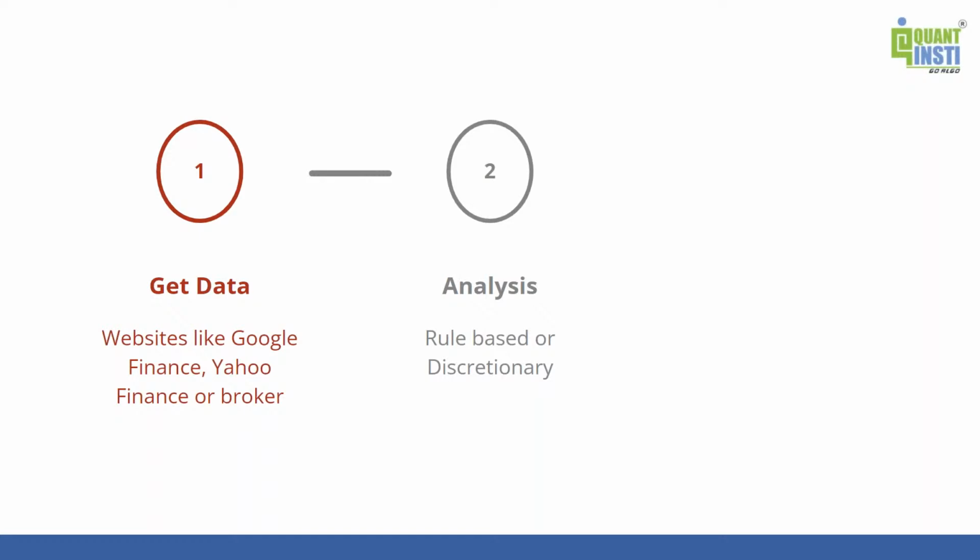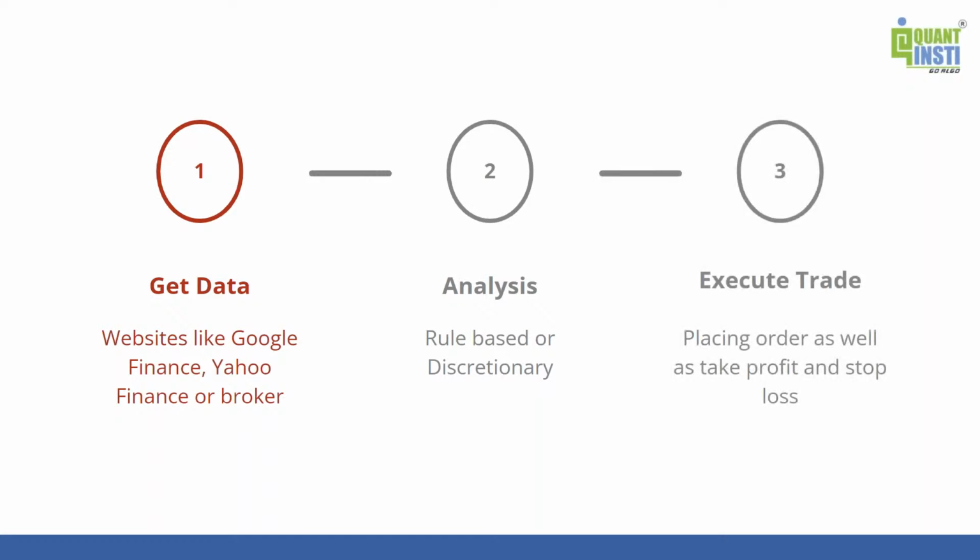And finally, the part which consists of the most action, if you can say that, the execution of trade. When you say execution, you think about buying or selling that asset, right? But apart from that, you should also look at the take profit and stop loss levels whenever you're placing an order.